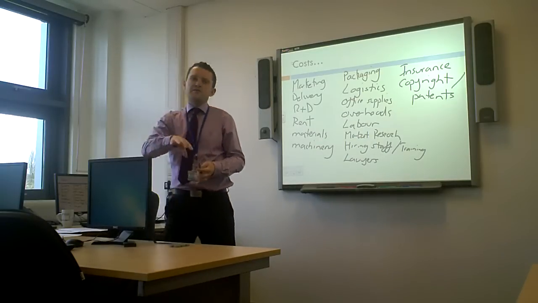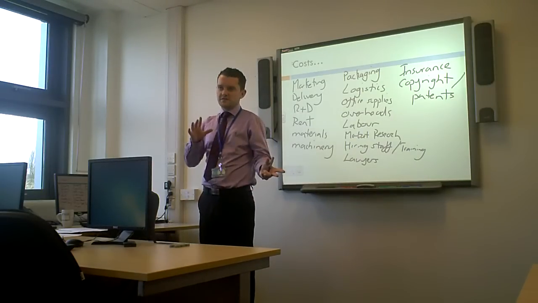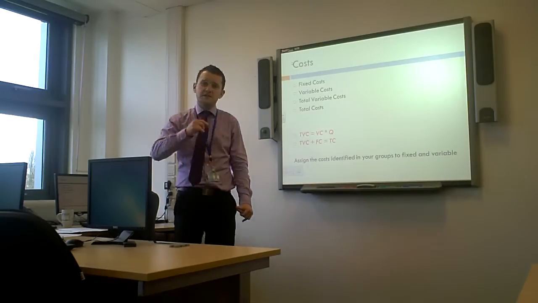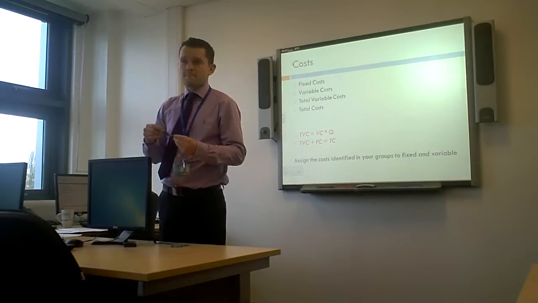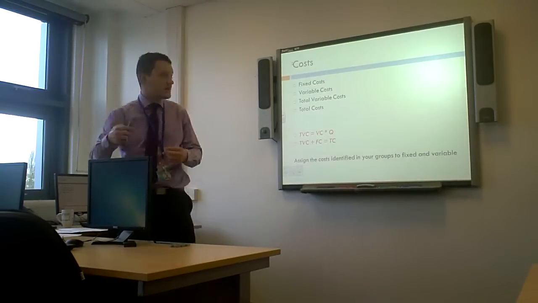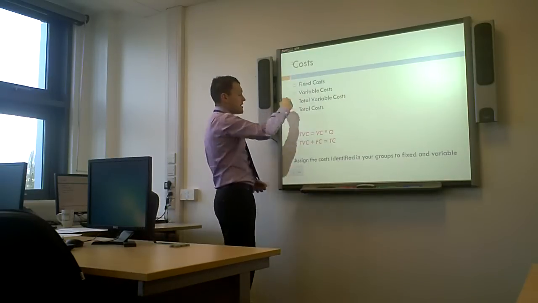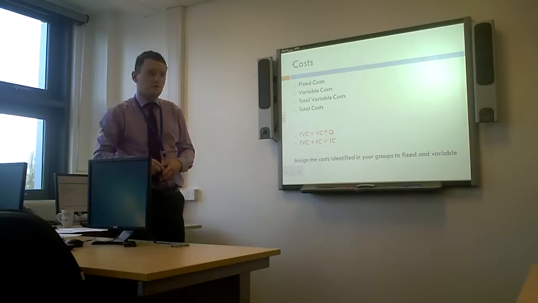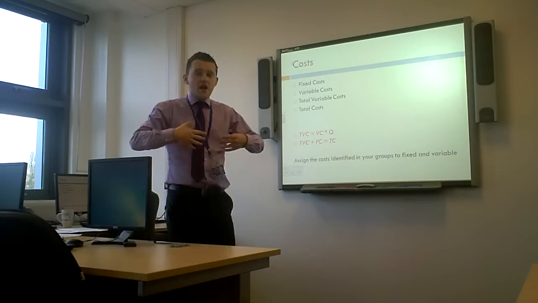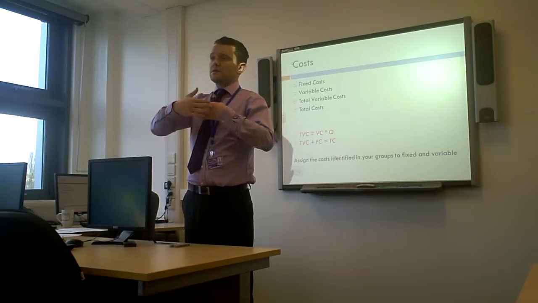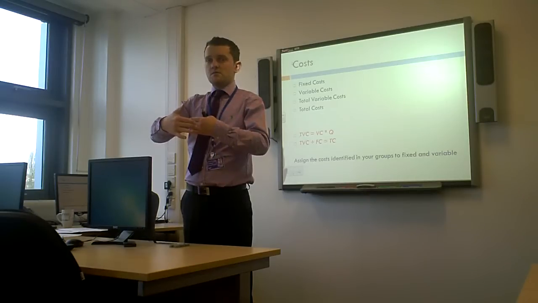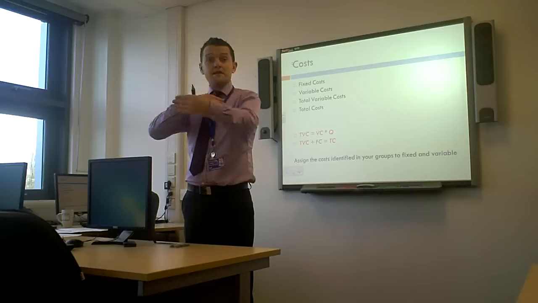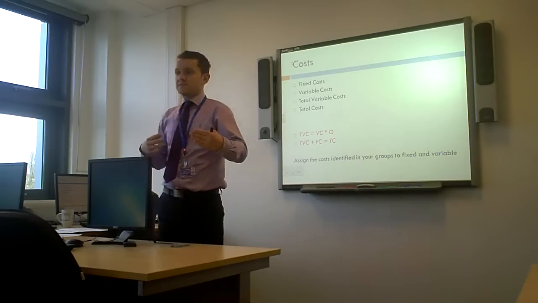But what you've got to be aware of is they're broken down into different categories. The categories being fixed or variable. I'll come on to the definitions of those in a second. What you just need to be aware of though is these equations. Everything that you learn in one session will recur again, as you'll need it for the next. It's like a stepping stone accounting.